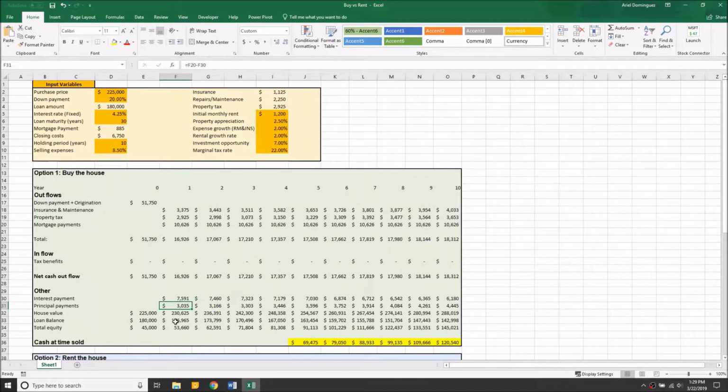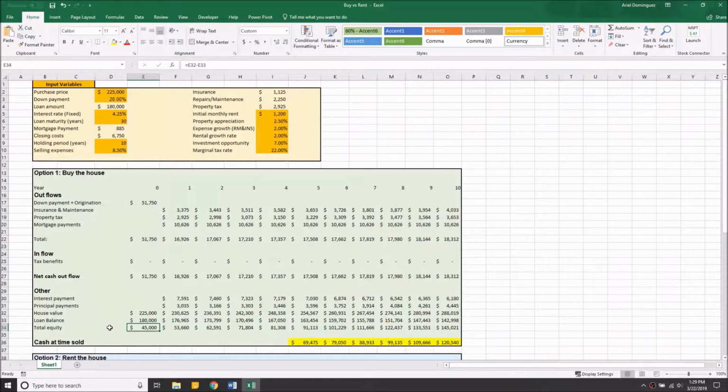Now the loan balance is the loan that we took to buy the property, and then each year that loan balance will be reduced by the principal payment. So how do you get the principal payment? Remember, that's the mortgage payment minus the interest. That's the portion that went towards the loan that reduces the loan balance. So if you look at the loan balance, each year it goes slightly lower and lower and lower. That's because we are making the mortgage payments. And the reason why we have the home value and the loan balance is just to get the equity in the property.